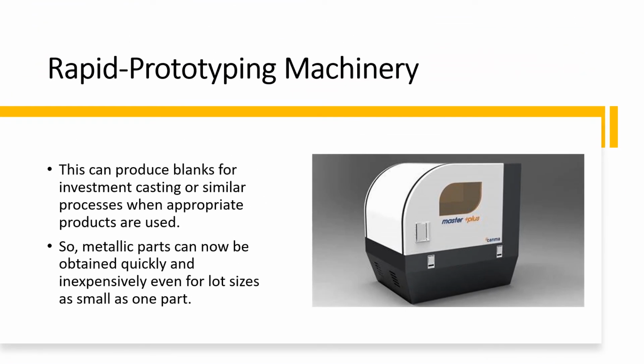So rapid prototyping can produce blanks, especially for investment casting or similar processes. We can produce metallic parts quickly and inexpensively, even if you want to print just one part. So this is a very convenient machinery.